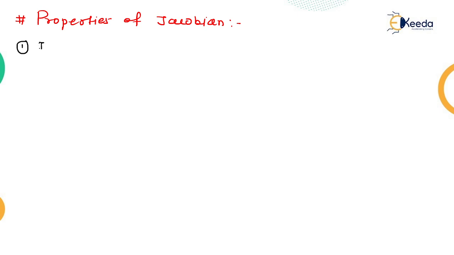if u and v are functions of simply two variables, x and y, right?